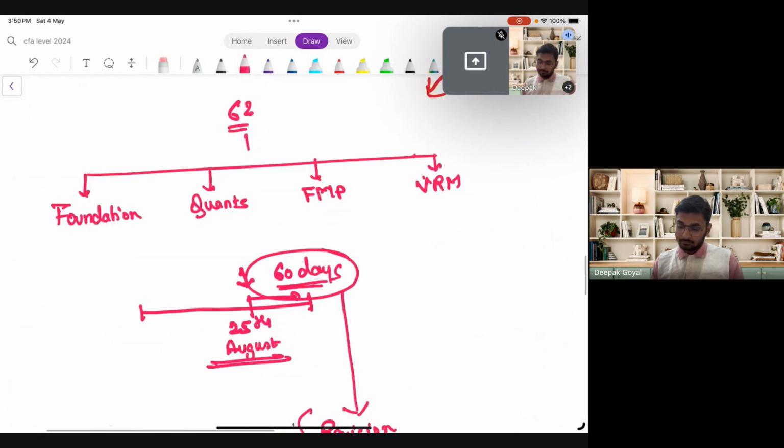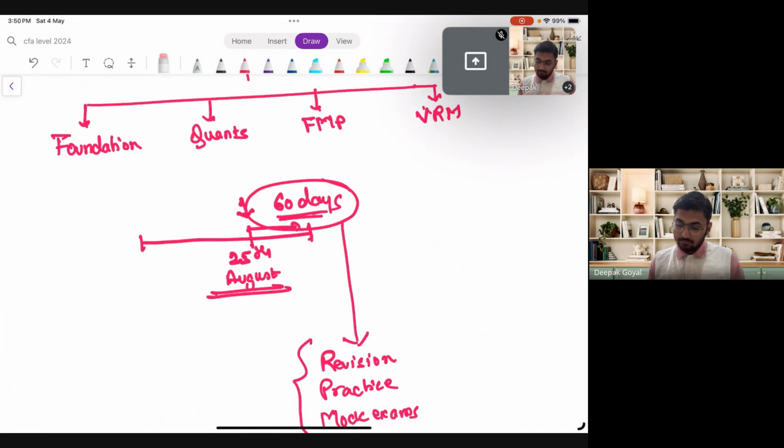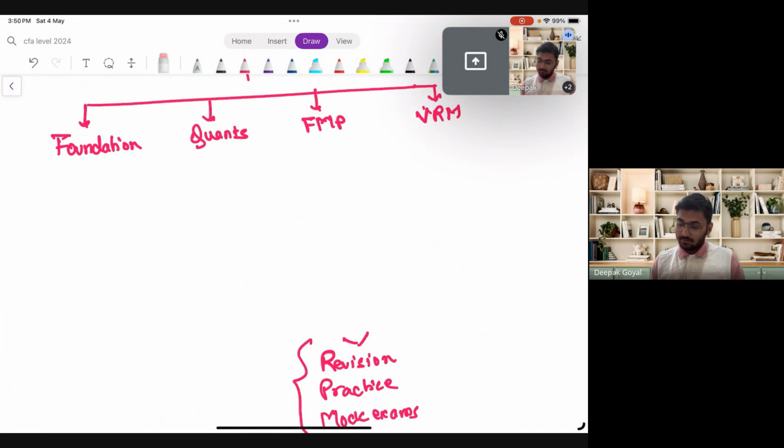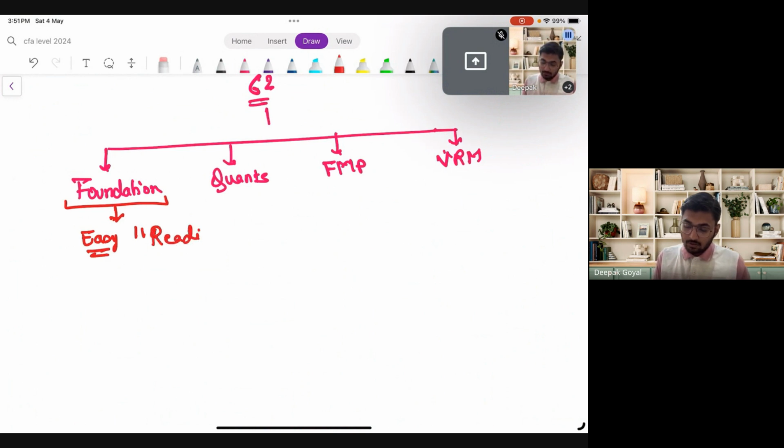Now, if I talk about these 4 subjects, that is your foundation, your quants, your FMP, and the VRM. The foundation is the easiest among all. Very easy. Okay. Over here, you will see 11 readings. We don't call them chapters over here.